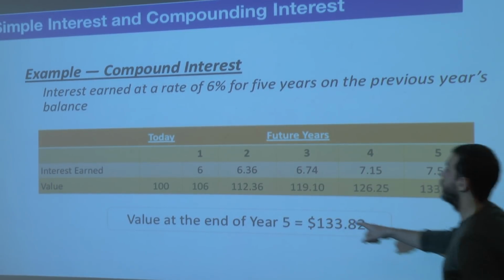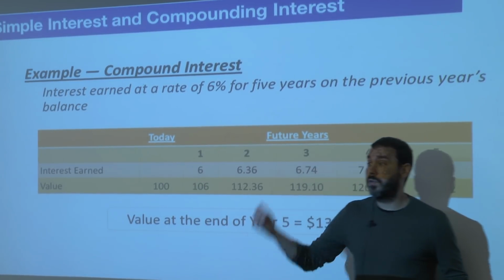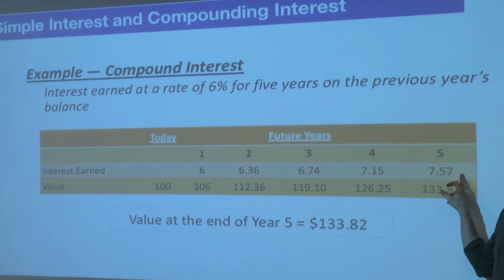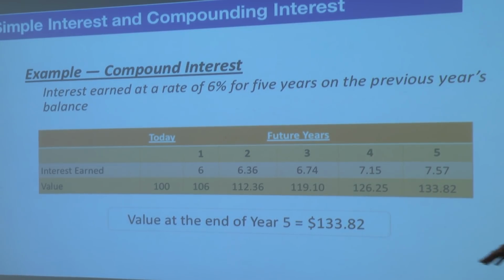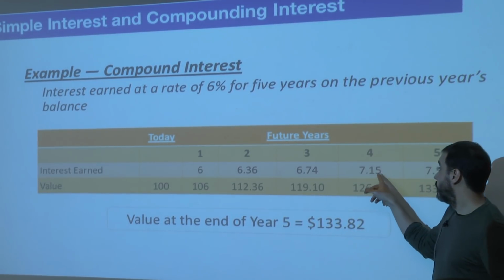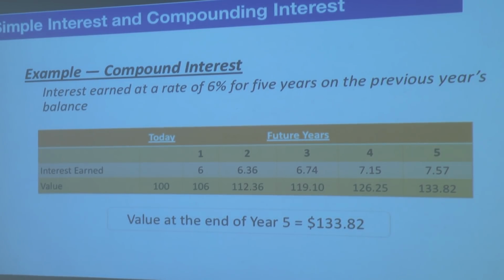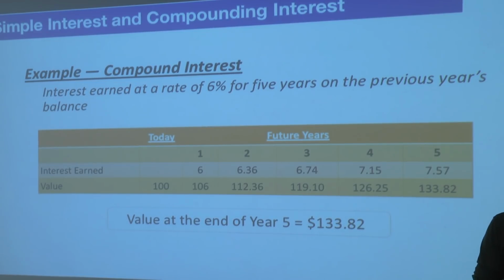Here, you also earn interest on the $6 you earned the previous year. As time goes on, the interest earned grows more and more, because you're also earning interest on the interest from previous years. This is the type of interest we will use whenever we do computations in this chapter, unless your exercise specifically says you only earn simple interest.